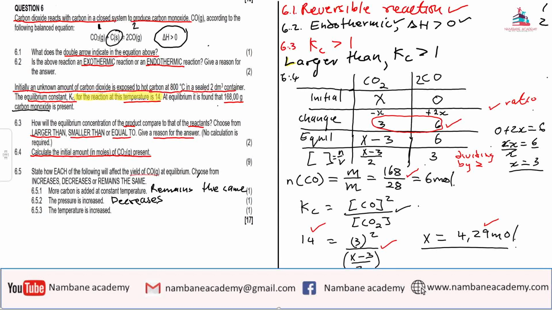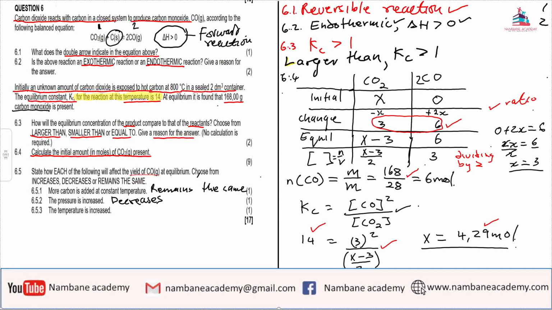The temperature is increased. The forward reaction is endothermic. Remember we said now this is for the forward reaction, and the reverse obviously will be exothermic. Now temperature is increased. So if temperature is increased, it means increase in temperature favors an endothermic reaction.